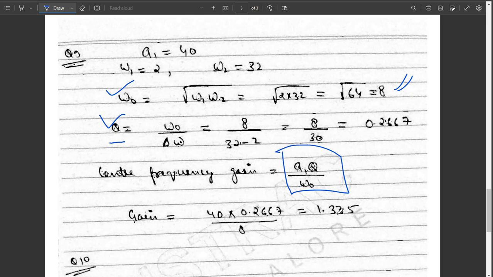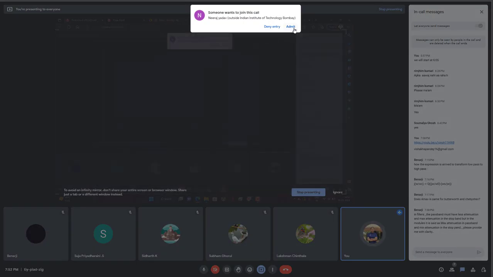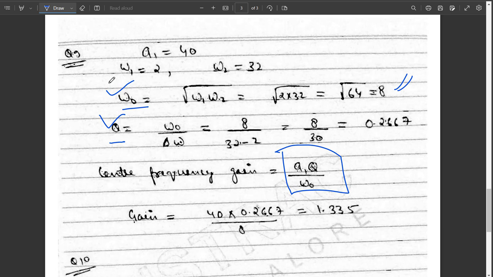But before that, q and omega naught were not given to us, so we had to find them. Omega 1 and omega 2 were already given, so we were able to find omega naught. Then we found q, the quality factor, using the center frequency and the difference in omega 1 and omega 2, that is 0.2667, right?